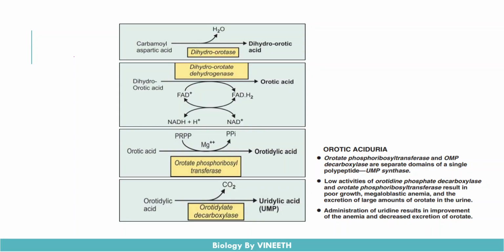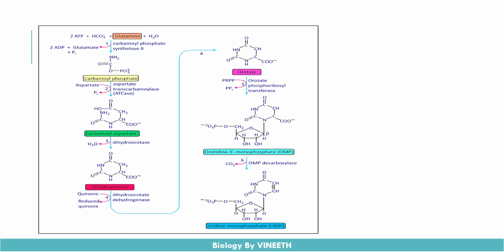If you supply uridine to the patients exhibiting this condition, the increased levels of uridine will activate this enzyme and convert the orotic acid to uridylic monophosphate. You can overcome this aciduria when you supply uridine nucleosides to the patient. So this is the actual biosynthetic pathway for the pyrimidines, and the structures are also given here.